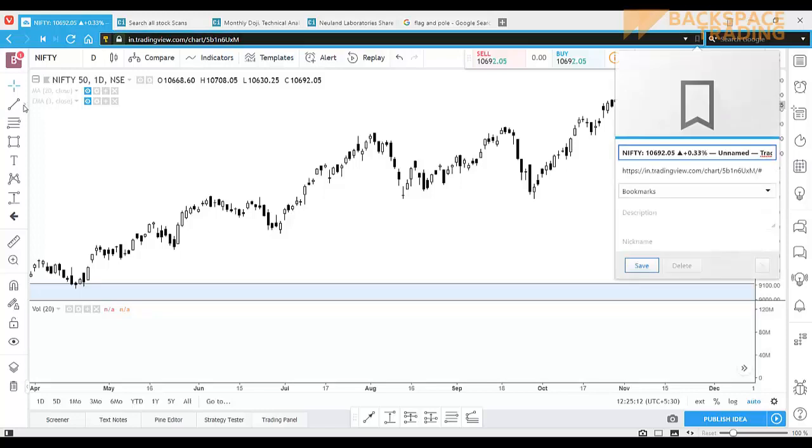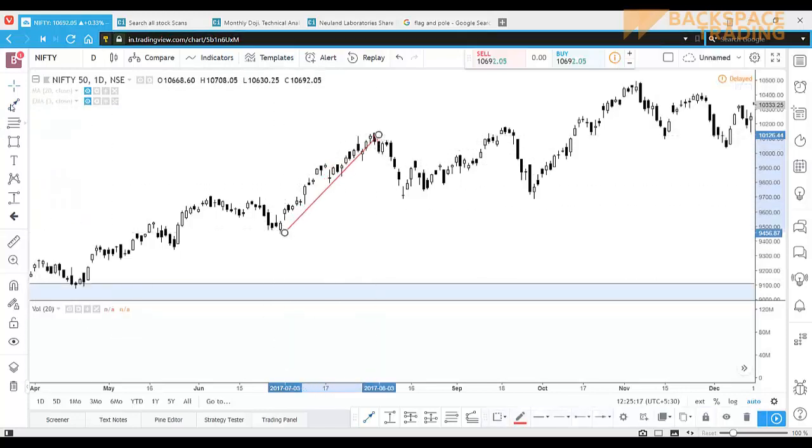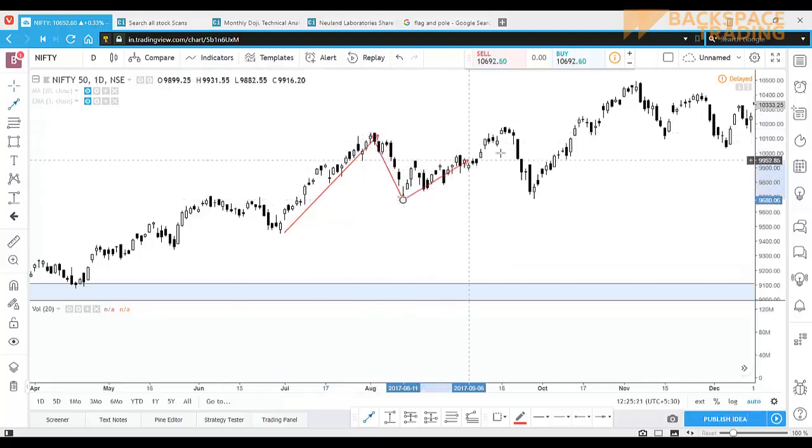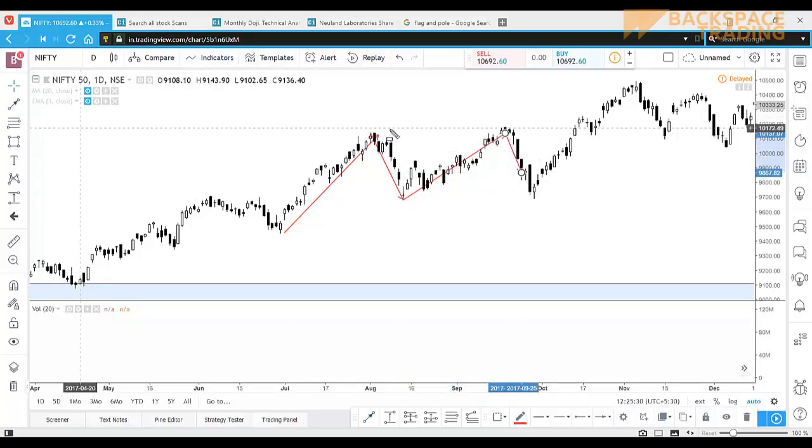A double top can be confirmed only when, see, this is a good example, but let me show you the negative aspect. Some traders, upon reaching this, assume this to be a double top, when price only does this much. I would say this is wrong. Don't assume this as a double top.